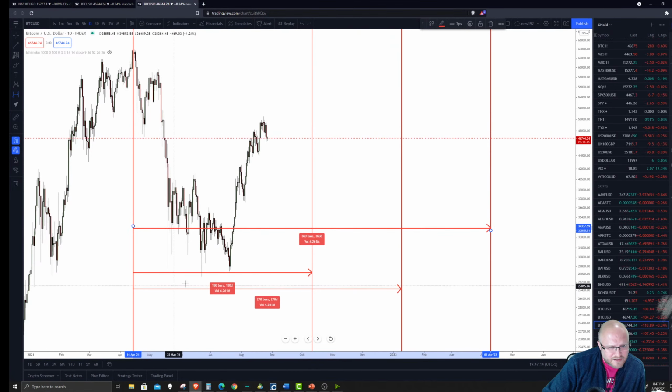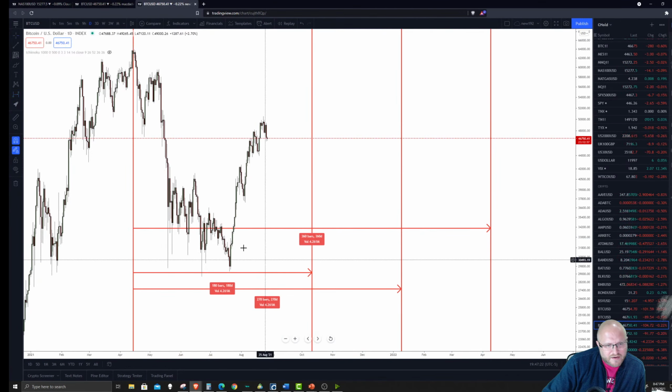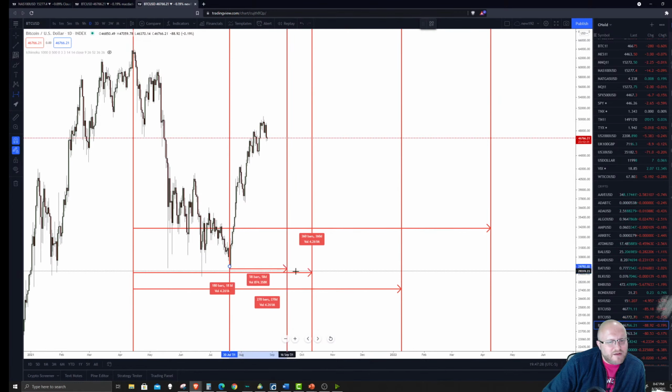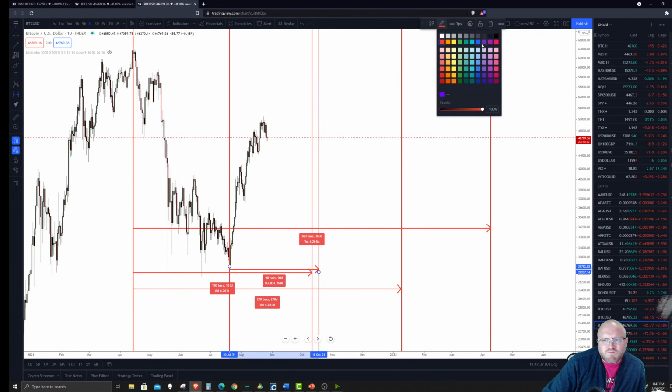So then let's look at the swing low here from July 20th. We get close to that, and you might want to color code them differently, but that's just me. So here's the 90-day cycle that's in October, and I'm going to change the color to blue.